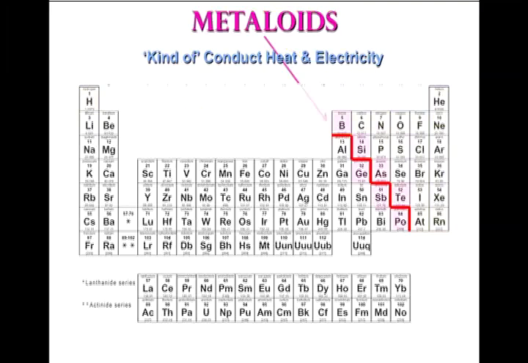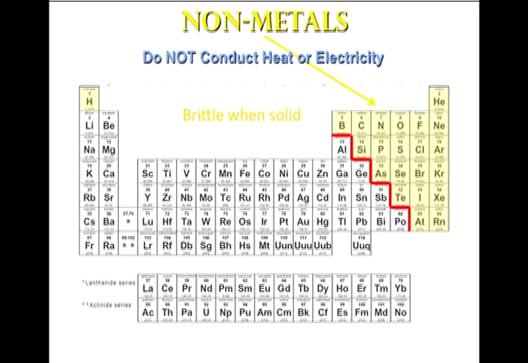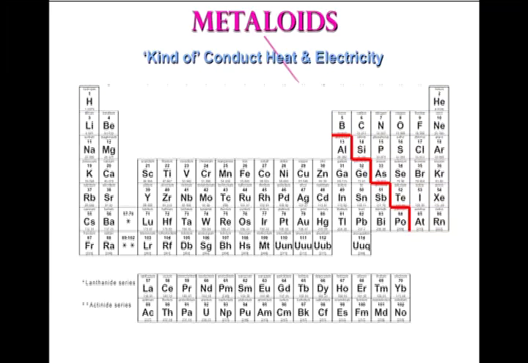Metalloids are the things that sit on and above and below the staircase. And remember that metals conduct heat and electricity. Nonmetals do not conduct heat or electricity. Metalloids kind of conduct heat and electricity. And that's important to us in the modern technological world.